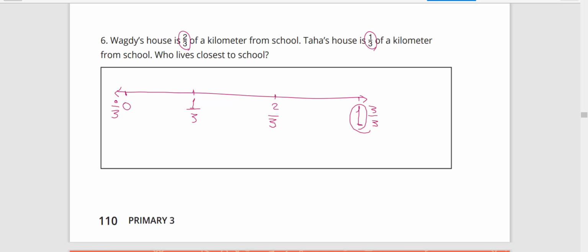Wagdi's house is 2/3 of a kilometer from school. This is the school, count from the right, this is two thirds.